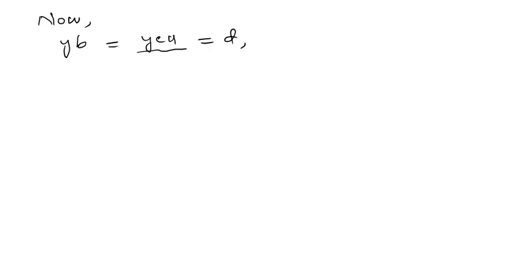And now let's find XD. XD should be equal to B. It's XD, that's equal to X and D. What's D? D is YCU.